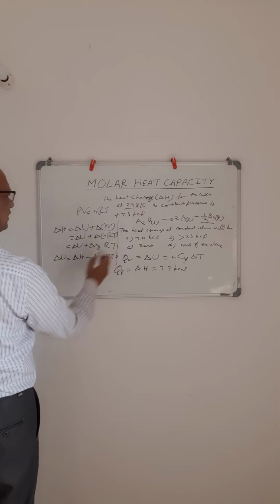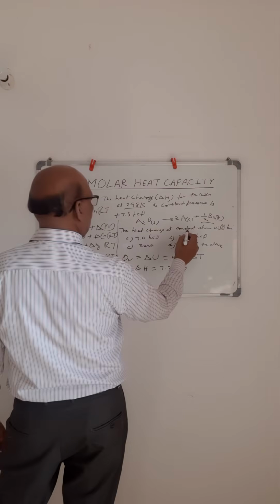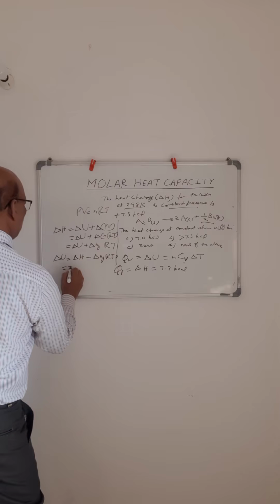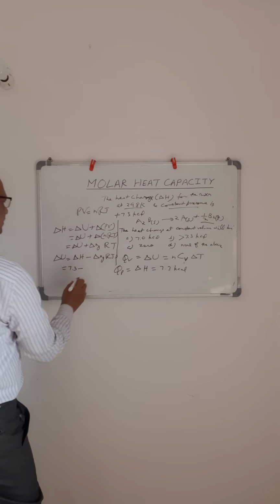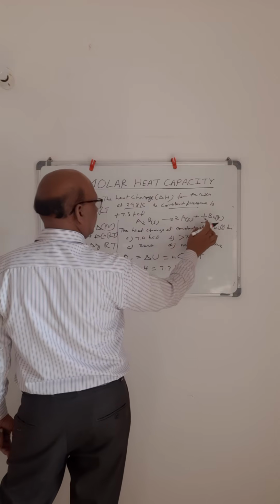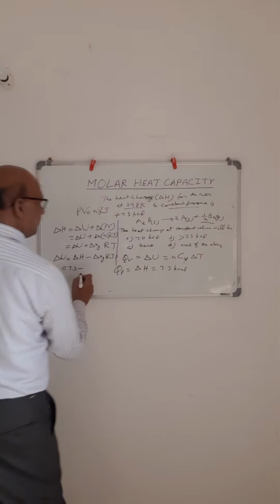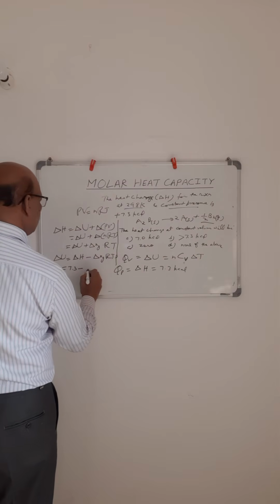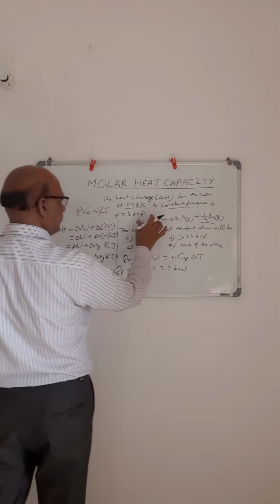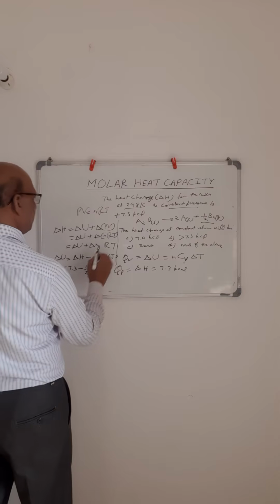Here delta H is already given, that is heat change at constant pressure, 7.3, so I will write 7.3 minus delta Ng. What is the change in number of moles? That is half, because all these are solid state, so only half. So delta Ng equals 1 by 2, number of moles of gaseous products minus number of moles of gaseous reactants, multiplied by R.